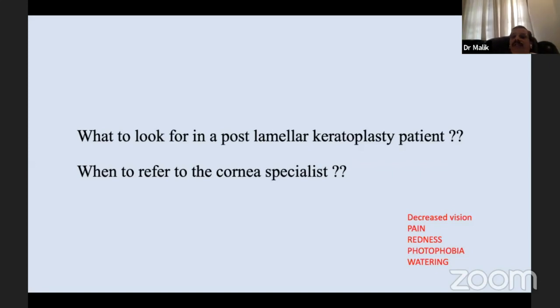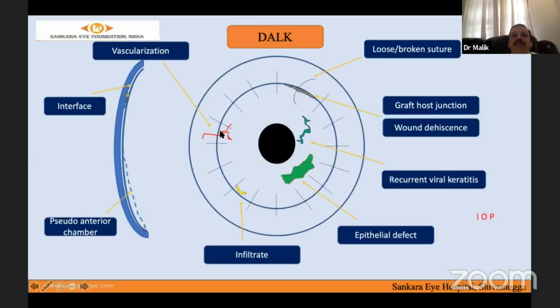So usually these patients come to your clinic with complaints of decreased vision, pain, redness, photophobia, and watering. What you have to look at first is the central graft area, whether the graft is attached or in place or not, and whether there is any edema. Look at the graft host junction. Is there any dehiscence there, any loose sutures, presence of vascularization, infiltrates, epithelial defect, or any dendritic lesion which may indicate recurrent viral keratitis.